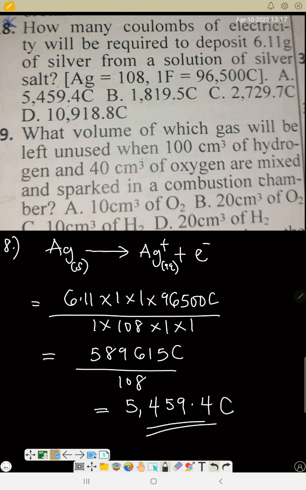So that is the answer. The correct answer is A. So option A is correct for that one.